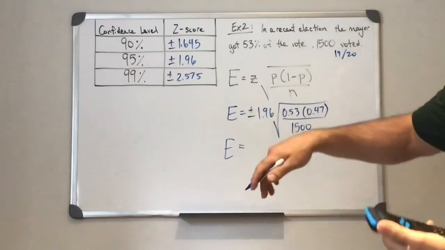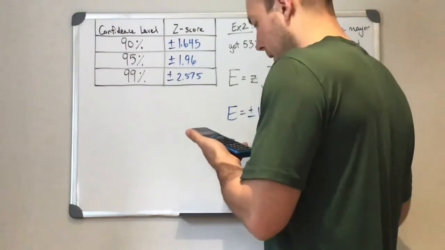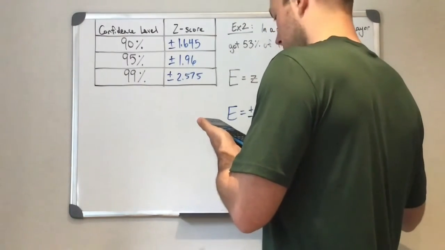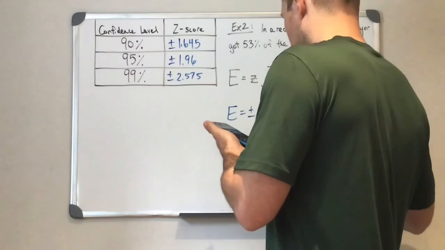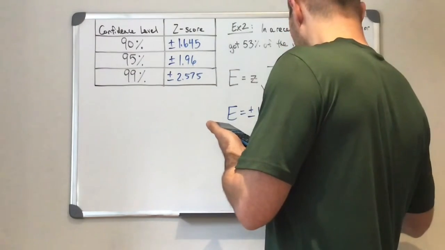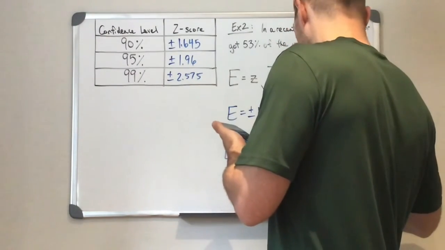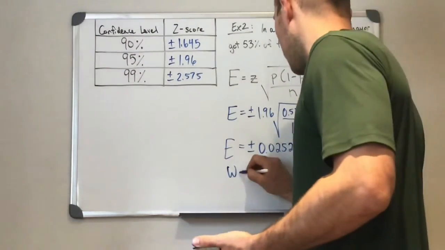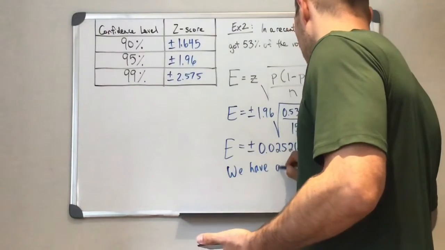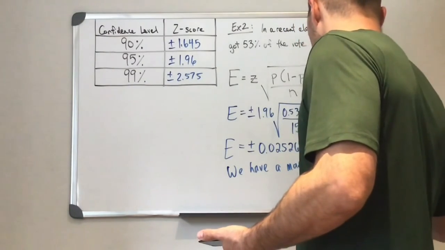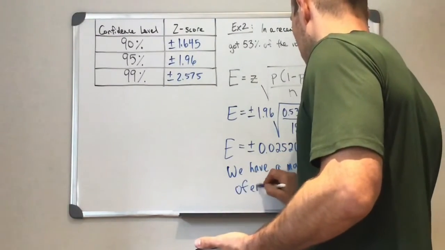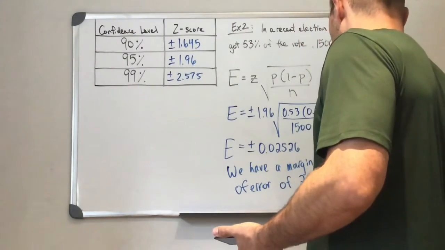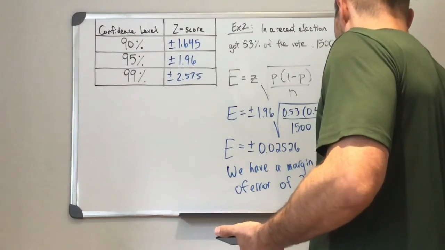Okay, now I'm going to do it all at once here and multiply that in, and you end up with plus or minus 0.02526. Okay, so that means we have a margin of error of 2.526%.